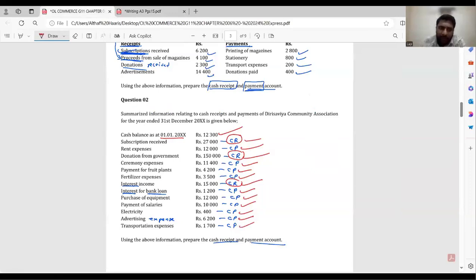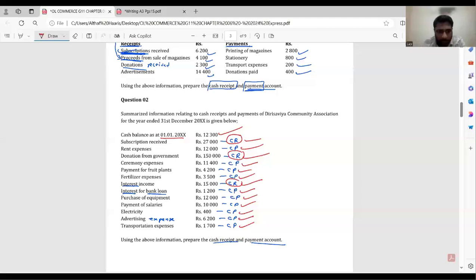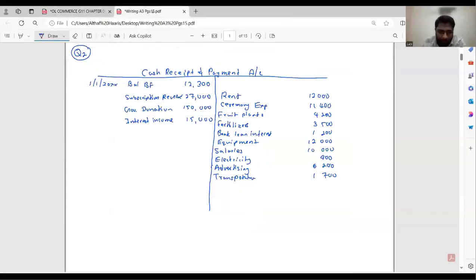Transportation 1,700. Yes, then we are done with everything. So now let's balance the accounts.